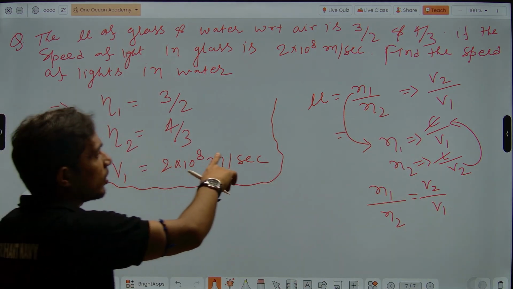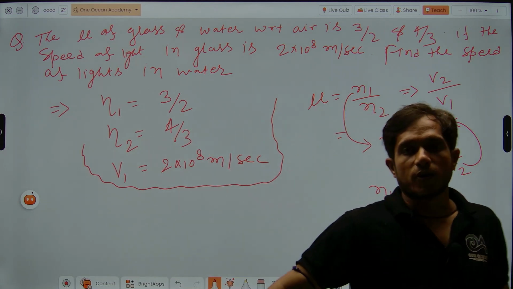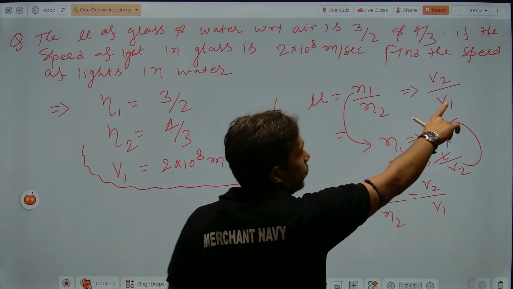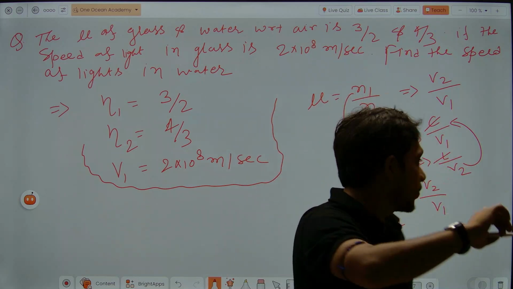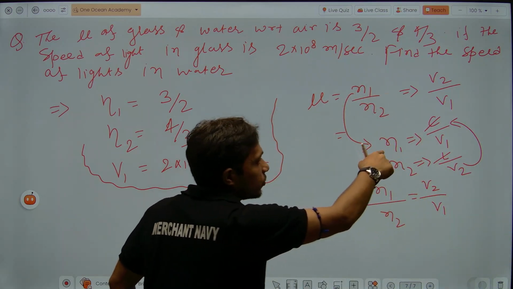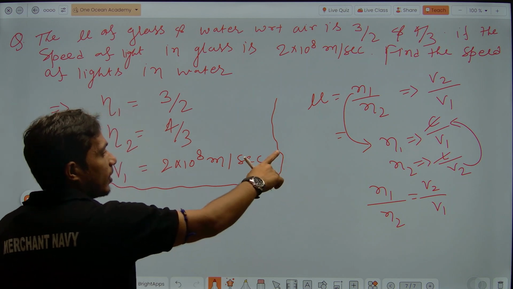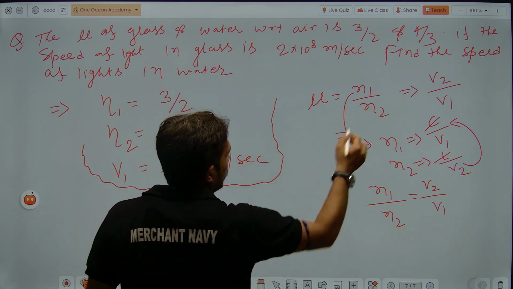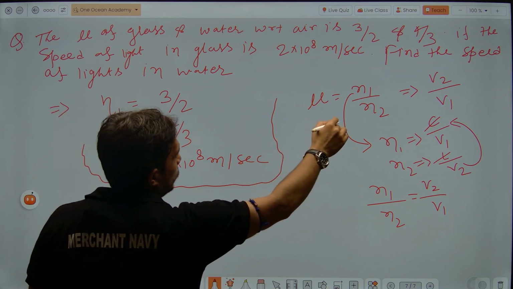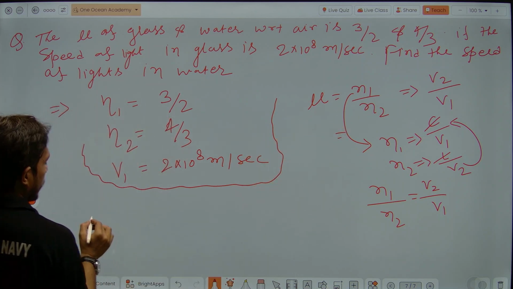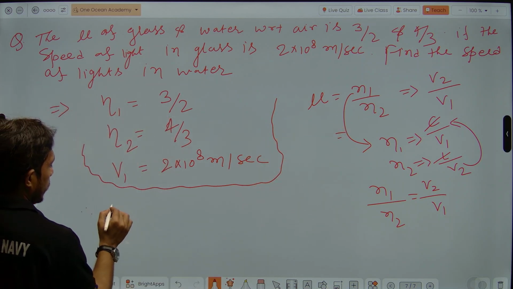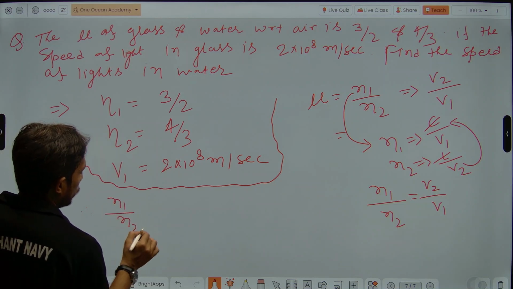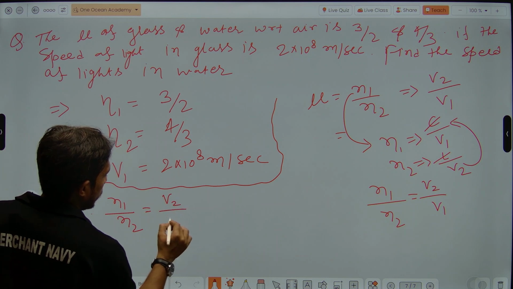How I have got that mu is equal to n1 upon n2 and that is equal to V2 upon V1, not V1 upon V2. I have shown you how it comes. So, n1 upon n2 is V2 upon V1.